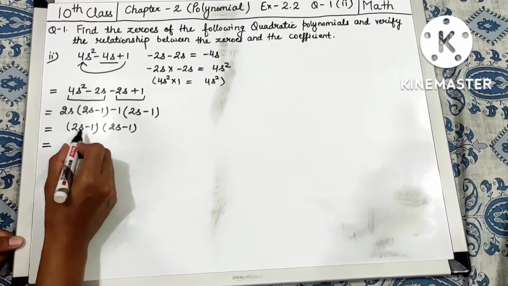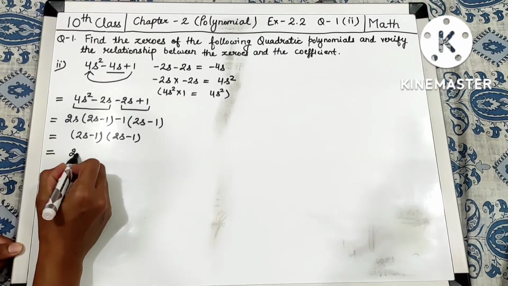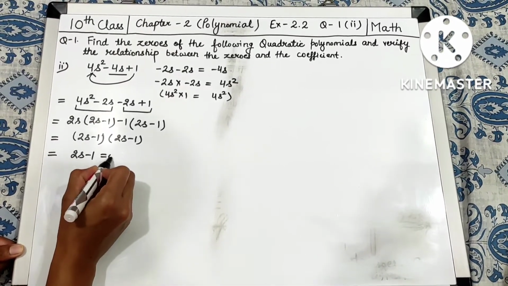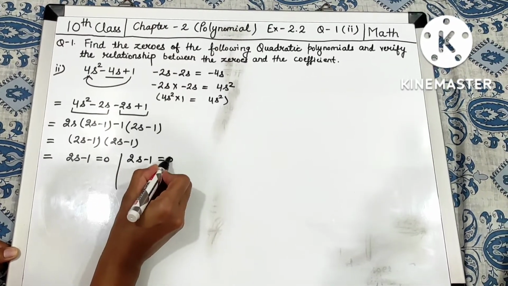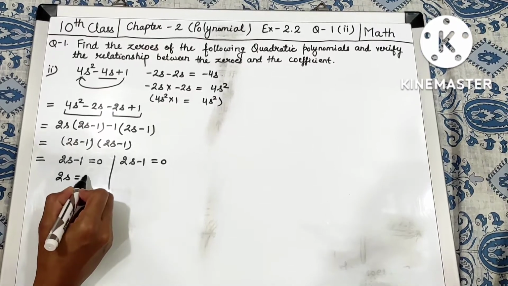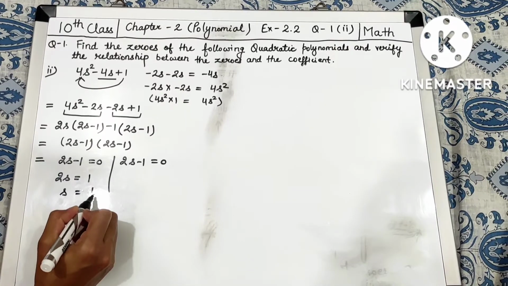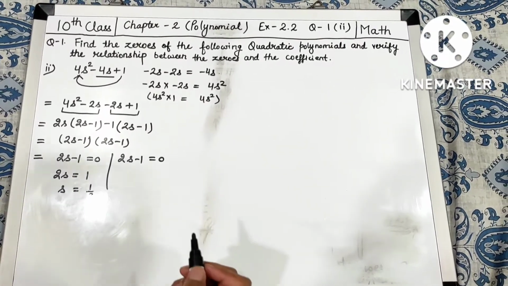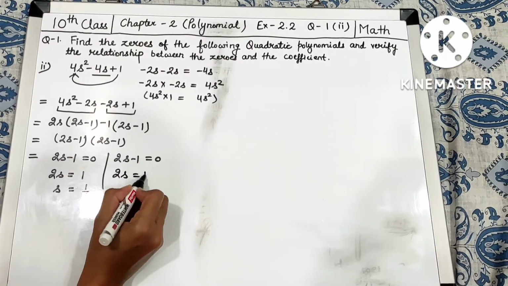Then we will put these two factors equal to 0. 2s minus 1 is equal to 0. 2s minus 1 is equal to 0. 2s is equal to 1. S is equal to 1 by 2. Here also the same. 2s is equal to 1.